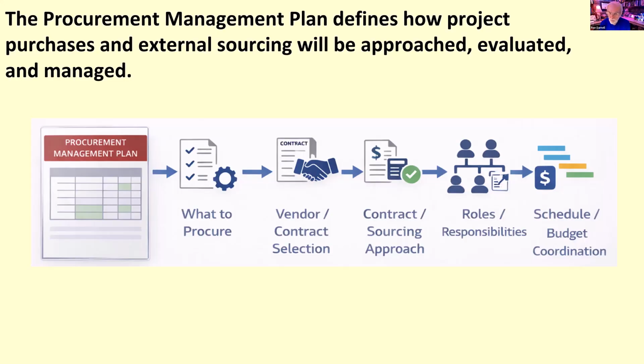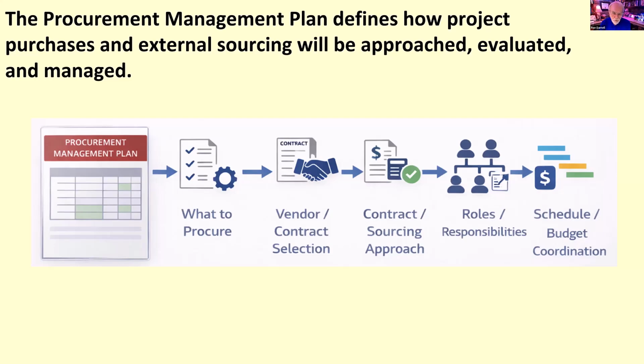That statement would be, we're going to do it or we're not. And if it's a small amount, you might be able to cover it all in the statement. This artifact explains how the project will approach external purchasing and sourcing decisions. It helps the team to clarify what goods and services will need to be acquired from outside the project, how those needs will be evaluated, and how procurement activities will be managed across planning and execution of the project work.